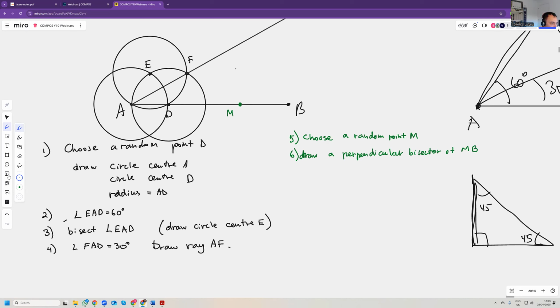Okay, so we know how to do this, so you don't have to explain every single time. You don't need to explain how you do a perpendicular bisector. Just saying draw a perpendicular bisector is fine.